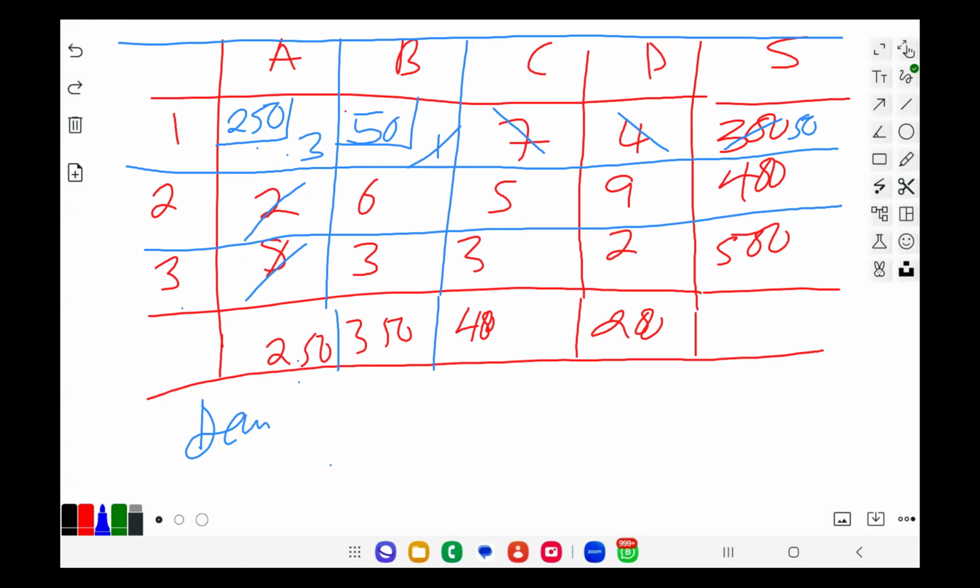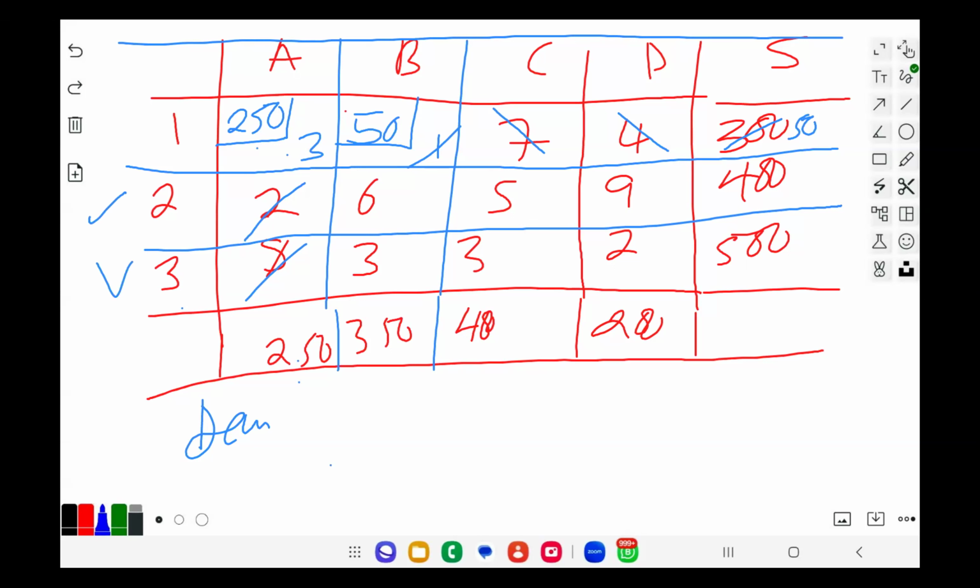It means that supplier 2 and 3 will not be able to supply you because the demand has been reached already. You got it, eh? That's why we canceled these suppliers. Supplier 2 and 3 will not supply A in that case.